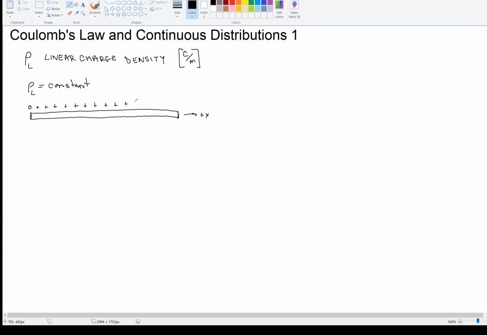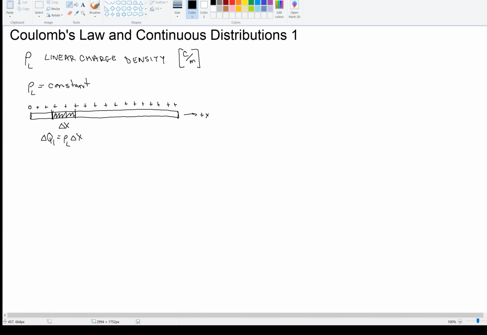Something that is uniformly charged, or has uniform charge distribution, the plus signs would be equally spaced. If I take a slice of this thing, a length, we'll call that length delta x, and we say we measure the charge on that slice as Q1, then it's rho L, the charge density, times the length.